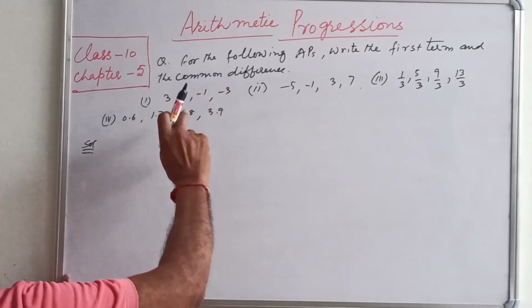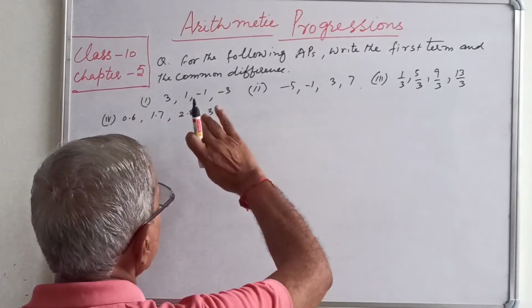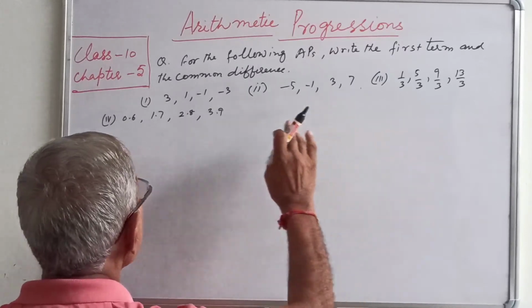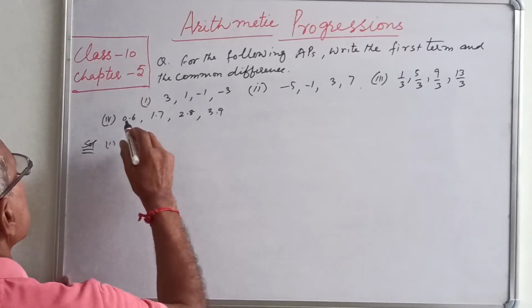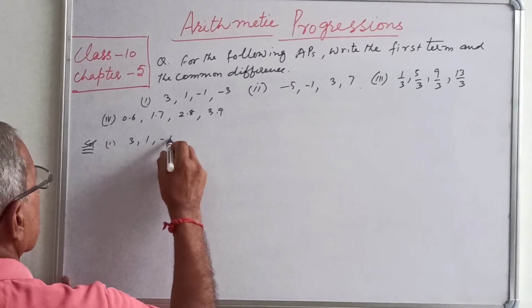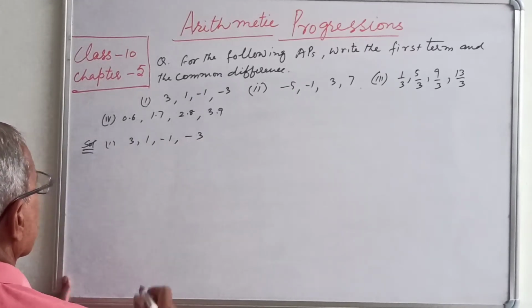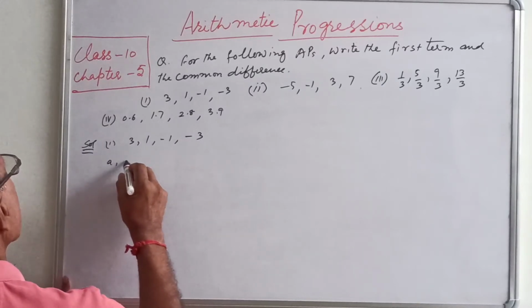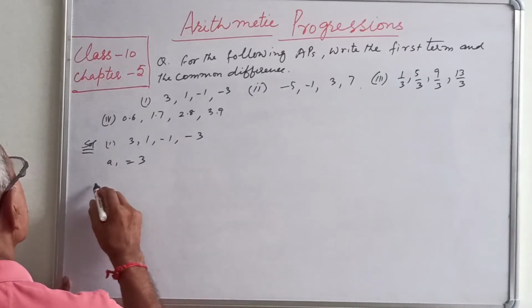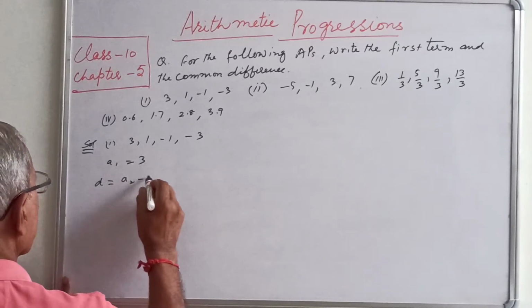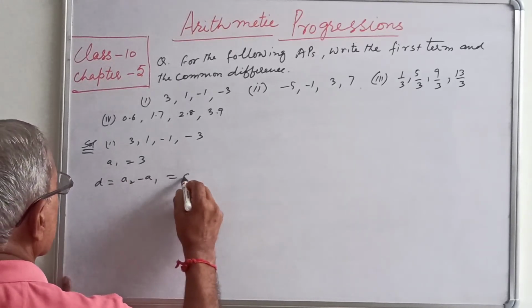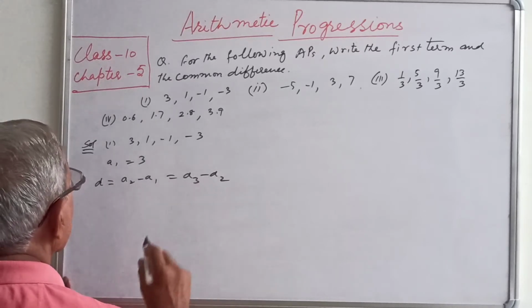So clearly, the first term and the common difference can be found out. From the first part, the given AP is 3, 1, minus 1 and minus 3. The first term A1 is 3. The value of d is A2 minus A1 equal to A3 minus A2.